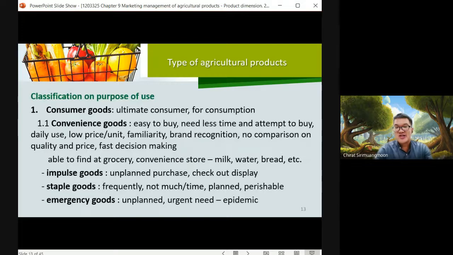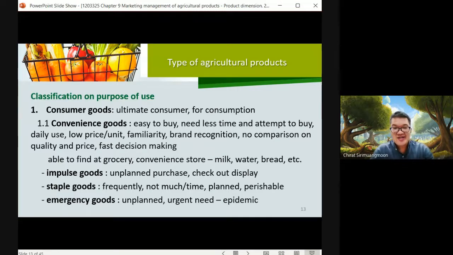Convenience goods are actually convenient, like the name. They're easy to buy, so you don't have to put in much effort or time, because they're things you're familiar with or used to. They're for daily use, so normally they have a low price per unit, very cheap.